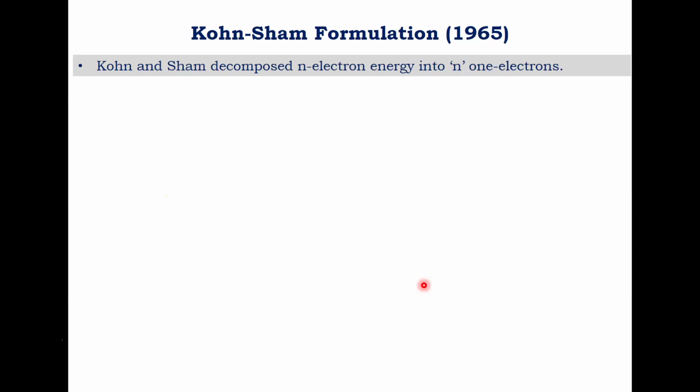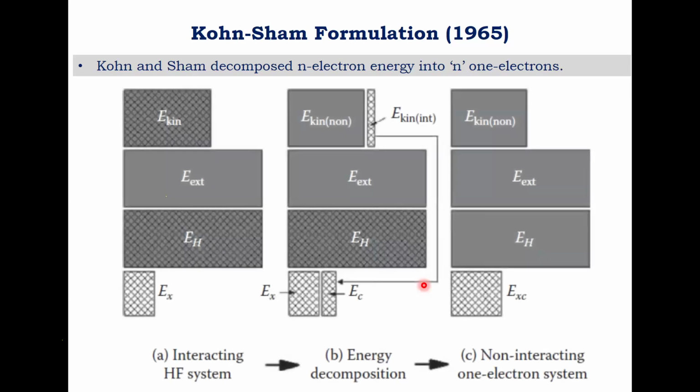In 1965, Walter Kohn and Sham gave a practical formulation of how we can implement that theory on the computer. What Kohn and Sham did was decompose the n-electron energy into n one-electron energies. If you see this cartoon, this is the actual Hartree-Fock kind of interacting system.